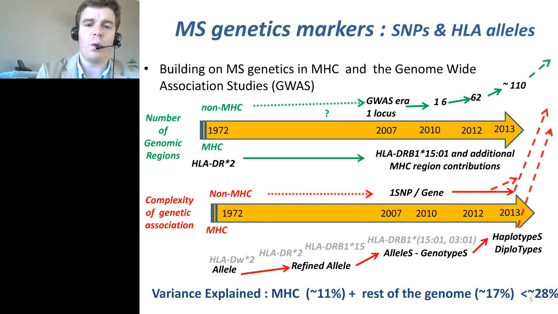We used to call the HLA allele HLA-AW2 because of the serology that was used at the time, and then it became DR2 because new antibodies were available, and it became HLA-DR15 with serological techniques, and then HLA typing evolved with molecular techniques, and it became HLA-DRB1*1501, where the polymorphisms were looked at by PCR, and now we're sequencing all the exons of the genes, and we're really refining the association.